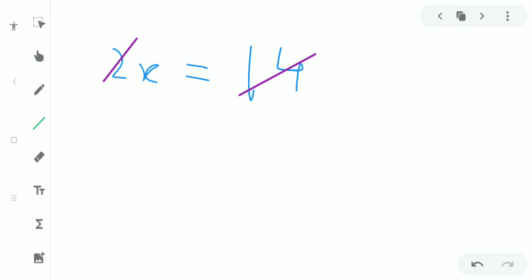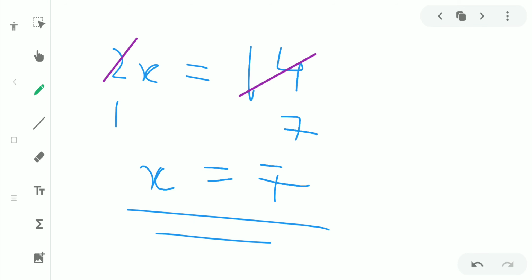Here we will have cancellation. 2 1s are 2, 2 7s are 14, so x is equal to 7.